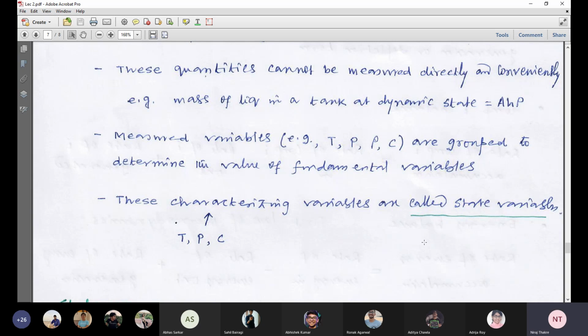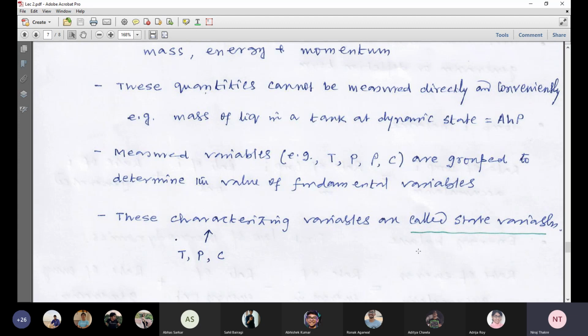So in gist, I can tell that state variables are usually used to characterize a natural state of a process. There are three fundamental quantities: mass, energy, and momentum.